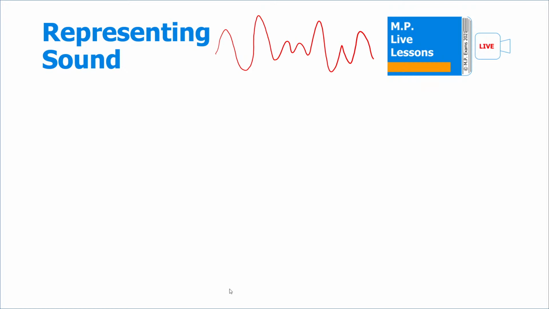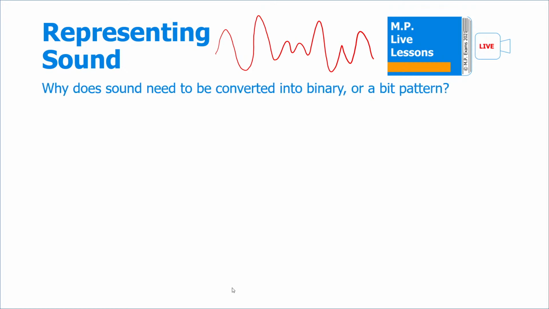Next, we move on to representing sound. Now, firstly, why does sound need to be converted into binary or a bit pattern? This can be a common exam question. So from what we know, sound is an analog pattern.